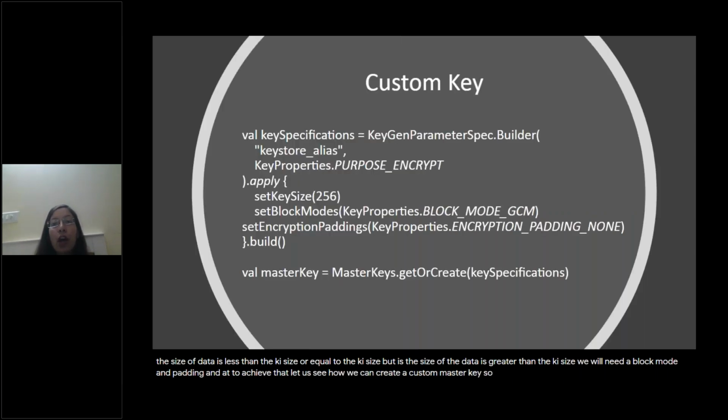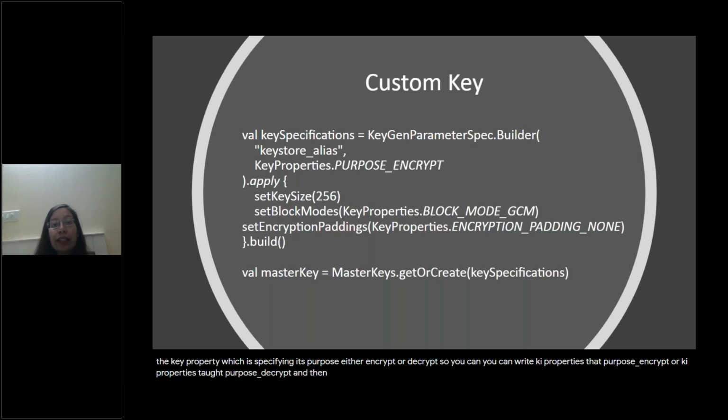This is how we can create a custom master key using KeyGenParameterSpec. Here you can see we have KeyGenParameterSpec.Builder. We specify the key store alias. We specify the key properties, which specify its purpose, either encrypt or decrypt. So you can write KeyProperties.PURPOSE_ENCRYPT or KeyProperties.PURPOSE_DECRYPT.